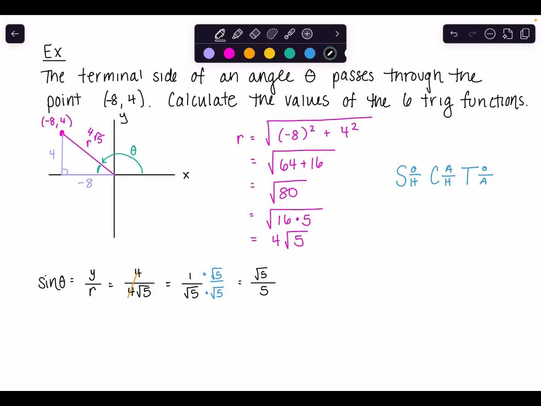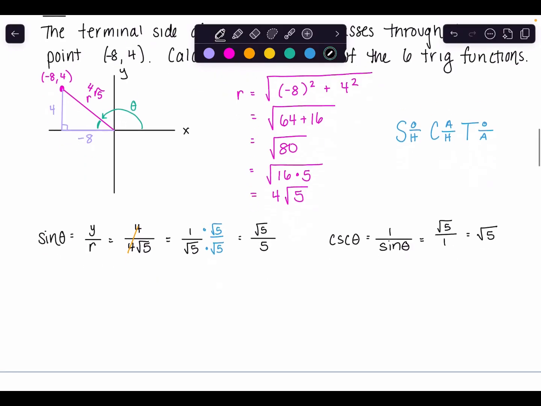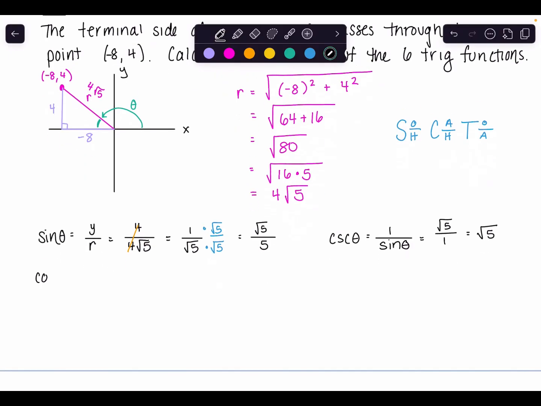Which then immediately tells me what cosecant is, because it is the flip of sine. You do not need to use this version. Go ahead and use the unrationalized. If you flip that, it's root 5 over 1, so cosecant of this angle will be root 5. To find cosine of the angle, that is adjacent over hypotenuse, so that is x over r.